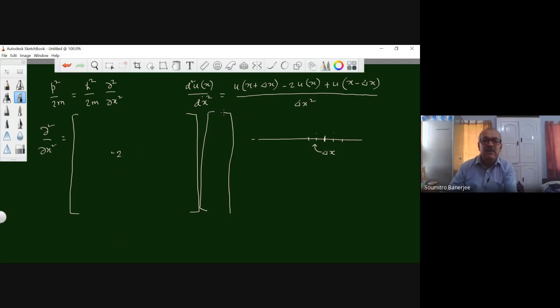Sorry, line drawing is pretty bad. Psi 1, psi 2, psi n. Now I'm talking about a particular term in between here. This is minus 2 times this, and then I also have to put entries here and here. These are the off diagonal terms. This will become 1 and this will become 1. And this will continue. Therefore, all the diagonal terms will become minus 2, and all the off diagonal terms, the first ones, will be 1.